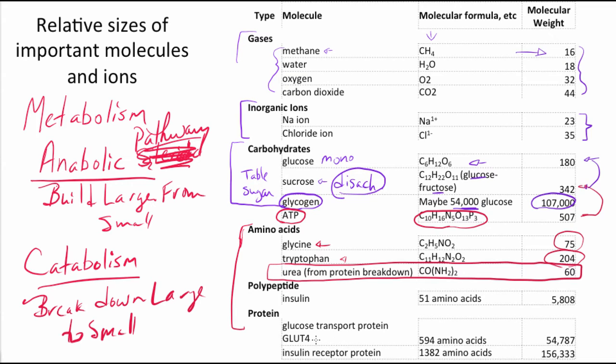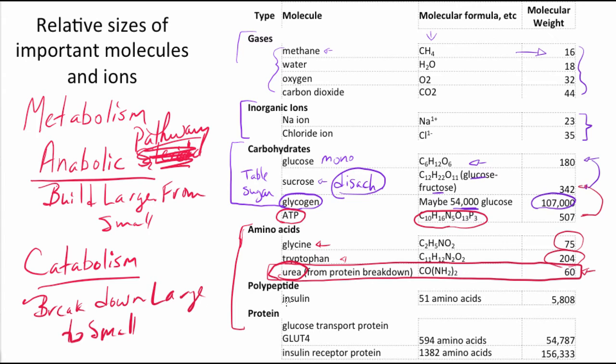So when you break down a protein, when you, for example, digest a protein, you have to deal with what we call the nitrogenous waste. Remember, amino acids have that amino group. Urea is the molecule that we use to excrete nitrogenous waste. Look, it's smaller than an amino acid.